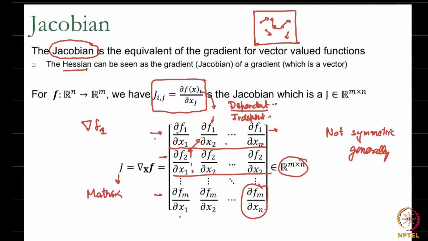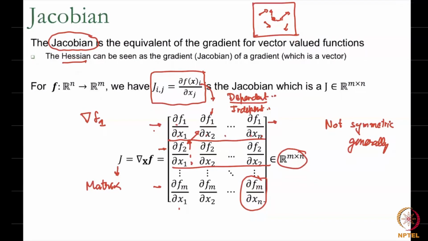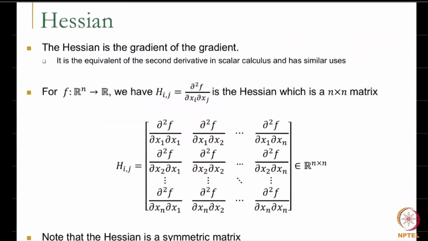Okay, so the Jacobian, again, you would have seen this in your multivariable calculus classes at college. So this is a matrix, and it measures the variation of the dependent variable with respect to the independent variable.